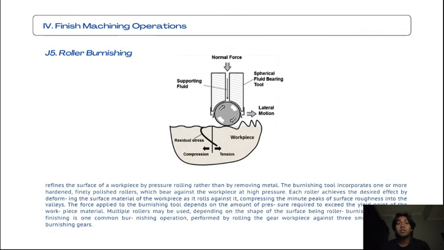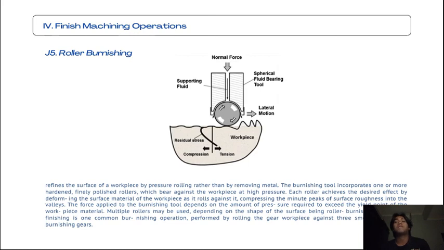We're going to the last subtopic from finish machining operation, which is roller burnishing. It refines the surface of the workpiece by pressure rolling rather than by removing metal. The burnishing tool incorporates one or more hardened, finely polished rollers which bear against the workpiece at high pressure.